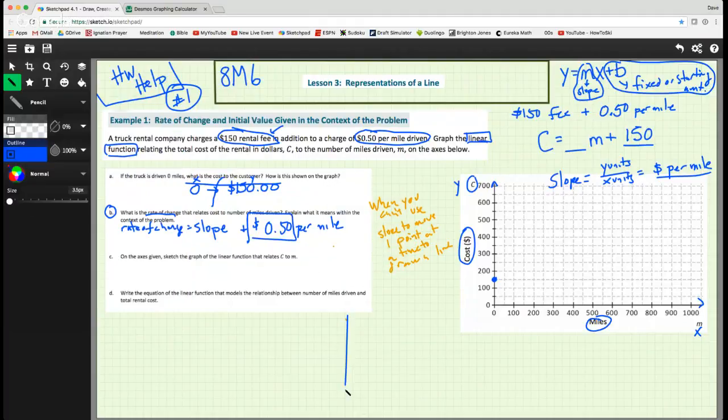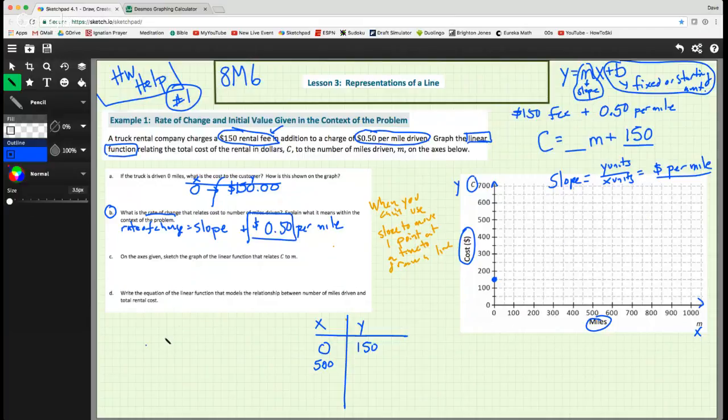So we said one of our points, our x and our y, was 0, 150. So now let's calculate a point that would be like maybe here at 500. And let's find our y for that. And then we'll get a point somewhere in here, and then we can draw a nice line.